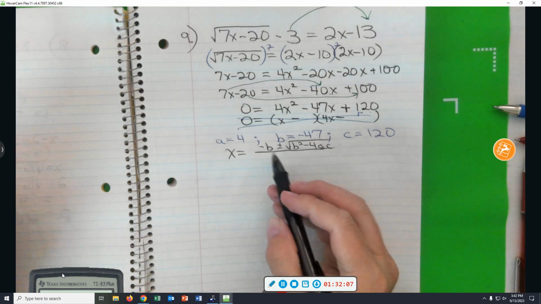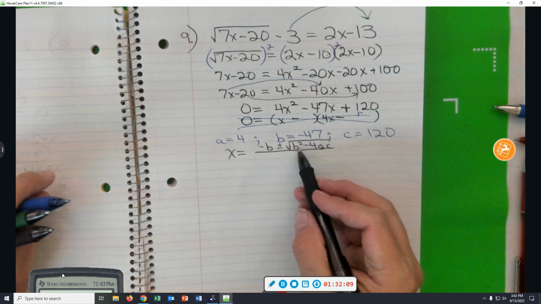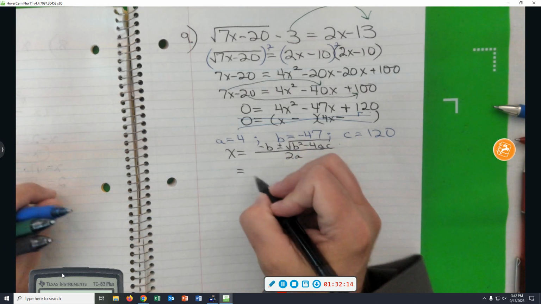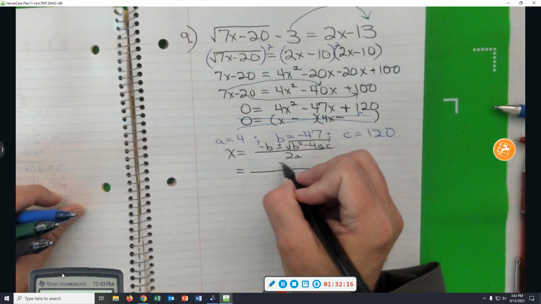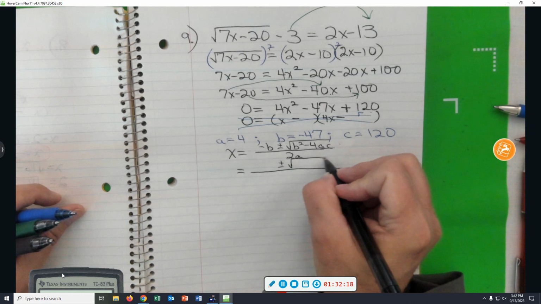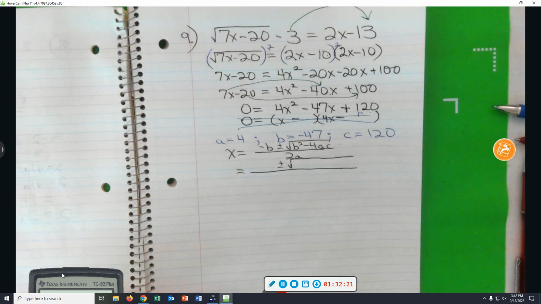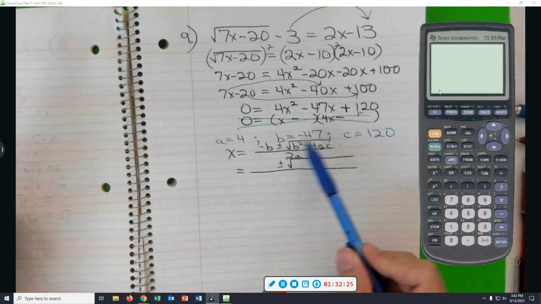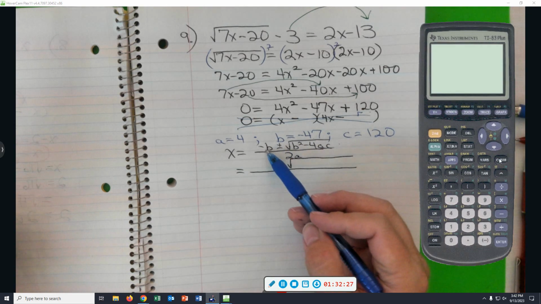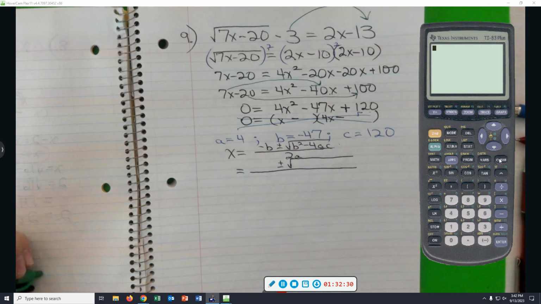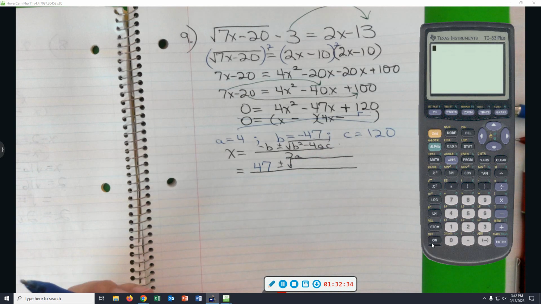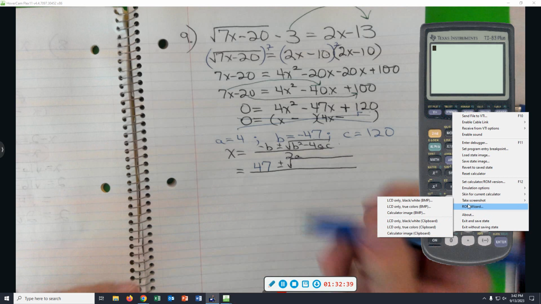Negative b plus or minus the square root of b squared minus 4ac, all over 2a. Do you have your calculator opened up, Tony? Okay, negative b. What's that going to give us? The opposite of negative 47 is a positive 47. And then b squared. Yesterday I'd say do that in your head; today I'm going to write that out.